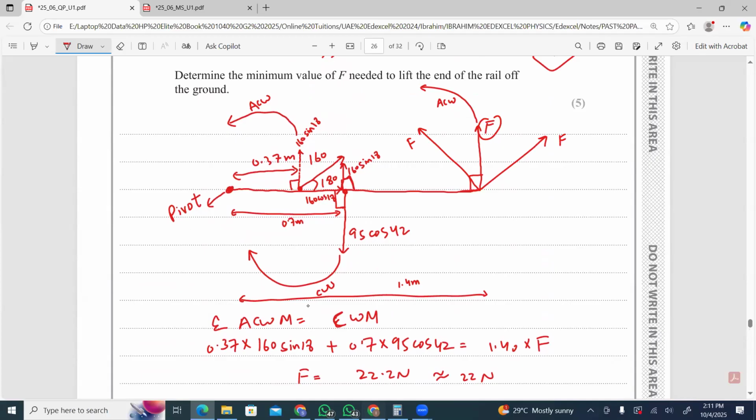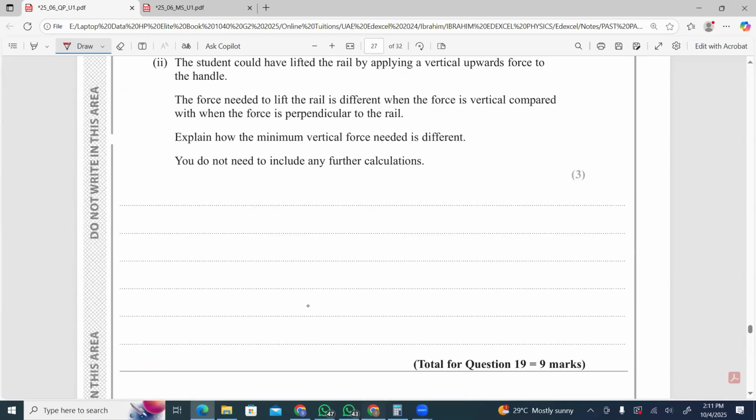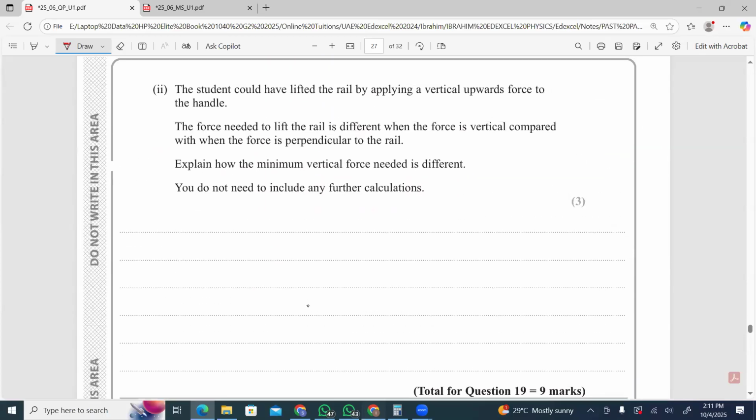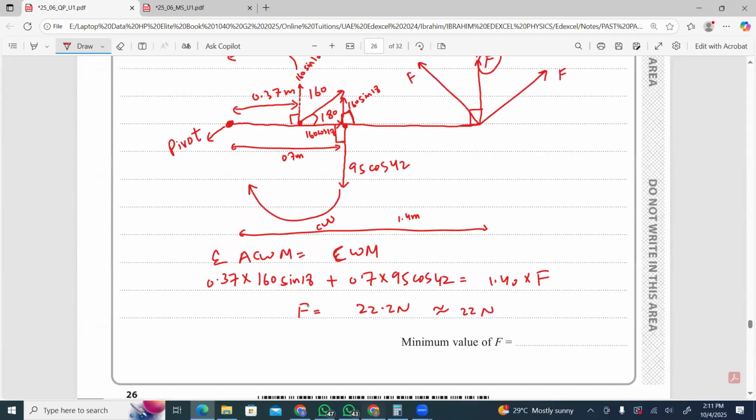So you're not applying this force perpendicular to the distance, rather you're applying it at some angle. They're asking you, the force needed to lift the rail is different when the force is vertical compared with when the force is perpendicular to the rail. What does it mean?